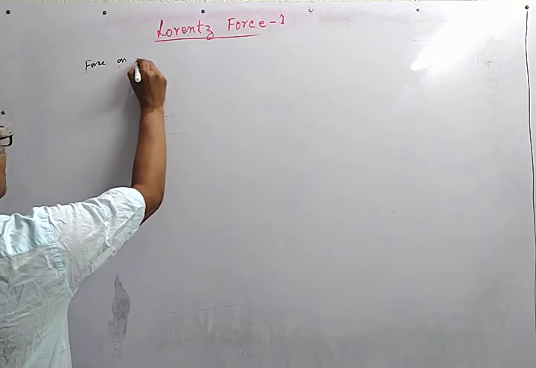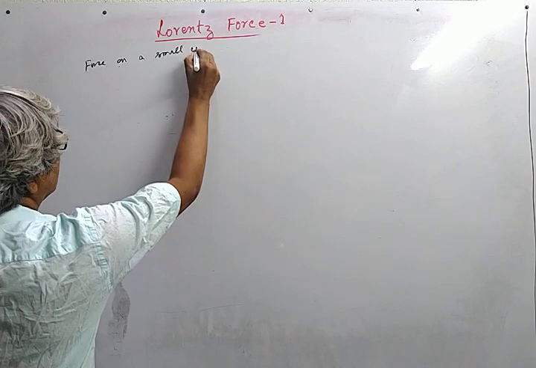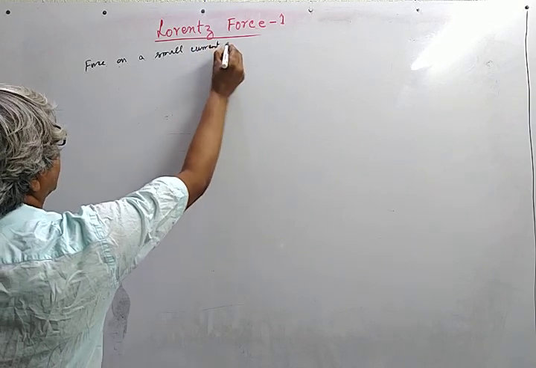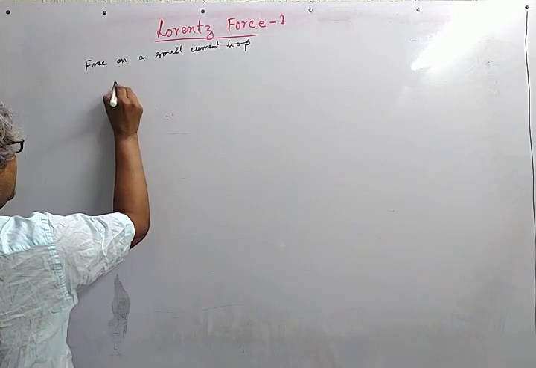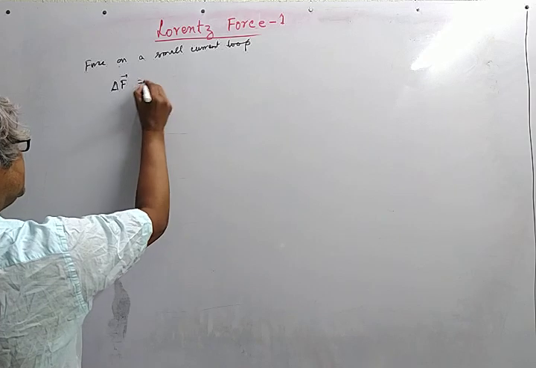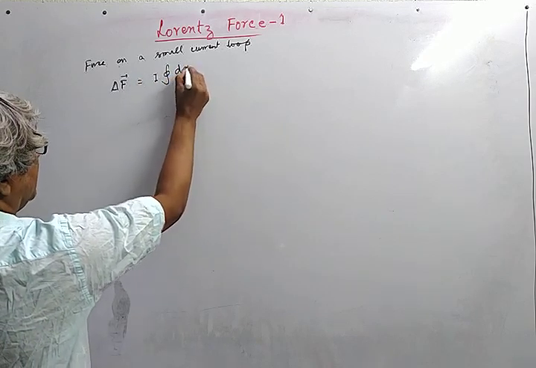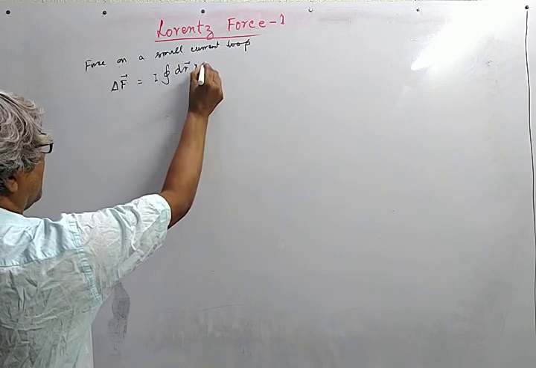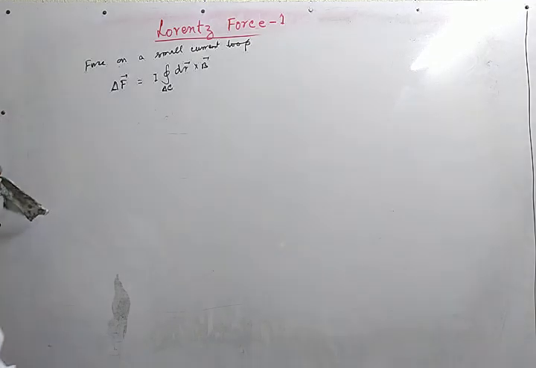Force on a small current loop. So the delta F, delta is for the small current loop, is I dr cross B, the integration over delta C, where delta C is the elementary loop.